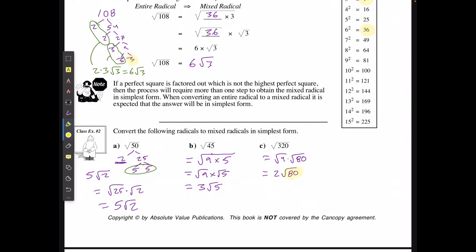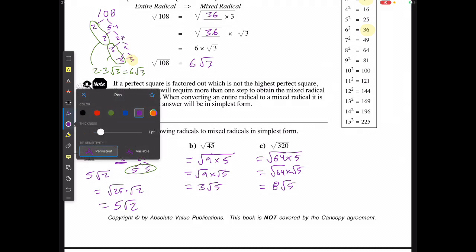But this can still be simplified, which means I didn't pull out the biggest one. 80 is still divisible by 4, and then I get 4 and 20. But then 20 is divisible by 4. So the biggest one was actually the square root of 64 and 5, or 8 root 5.